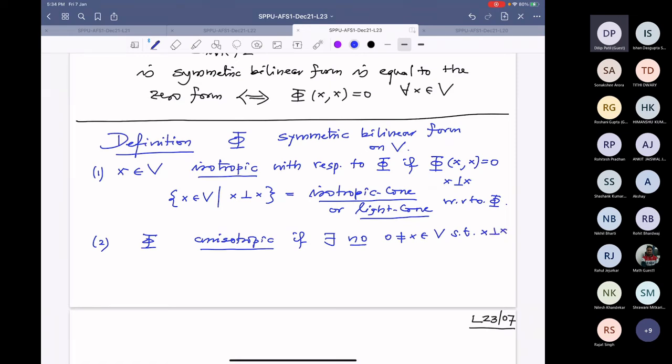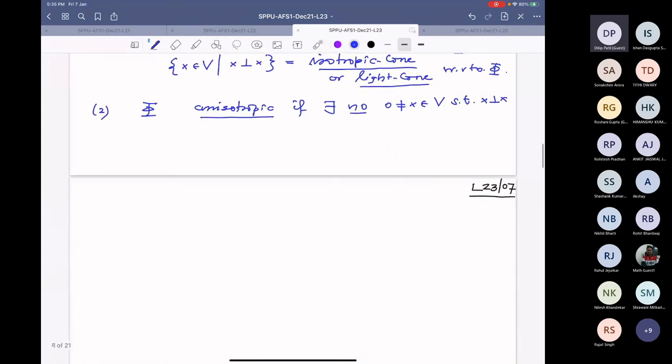That means the light cone is just trivial. All right. Now let us see an example. This example will throw light on why we defined it like this, why the terms are useful.